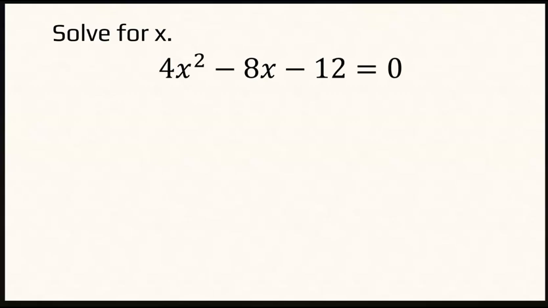Okay, so in this example I notice immediately that a does not equal 1. But thankfully, each of these terms are divisible by 4. So what that means is I can divide all three terms by 4. So I'm going to do that.